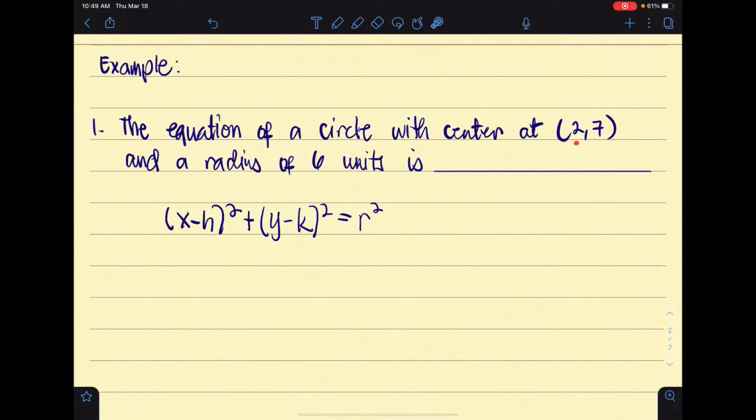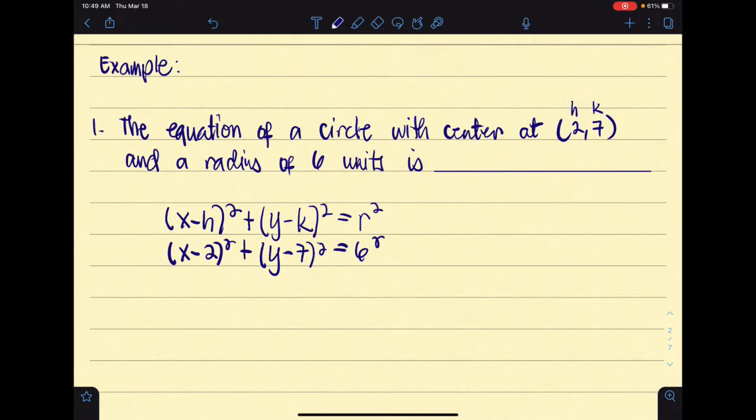So (2, 7) is our h and k, and our radius is 6 units. Using this given information, we can easily obtain the standard form of the equation: x minus 2 squared plus y minus 7 squared equals 6 squared.